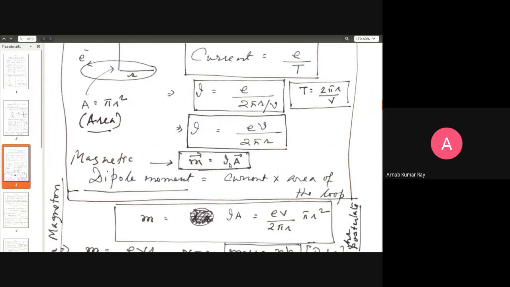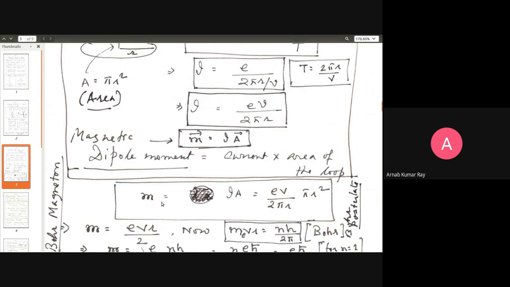Magnetic dipole moment is the scalar value of the current multiplied by the area of the loop, and area is a vector. Don't forget that. So m, I'm now just looking at the scalar values of it. M is equal to I into A.